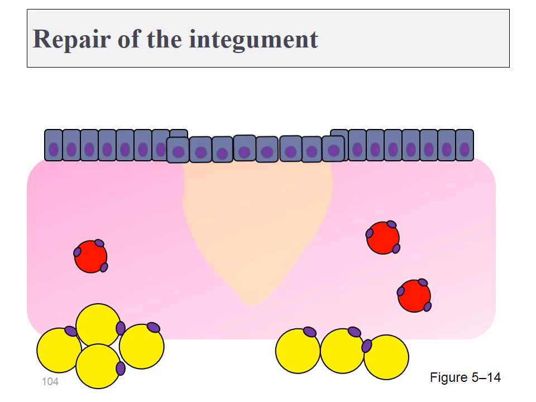Next up, more mesenchymal stem cells can migrate into this area and differentiate into fibroblasts, which may be able to replace that scar tissue with dense irregular connective tissue. If that's the case, I would not have a permanent scar.